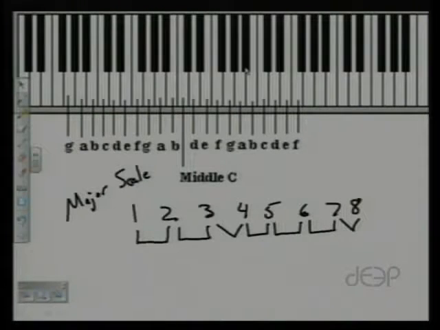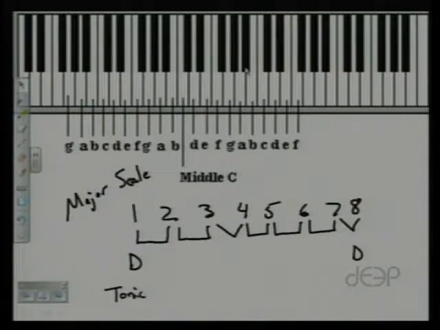Now, every major scale uses all of the adjacent letters from one letter to the next time it occurs. So how would we do that? Let's just use an example of the D major scale. If we start on D, the first and last letter of the D major scale has to be the name of the scale, or what we also call the tonic.